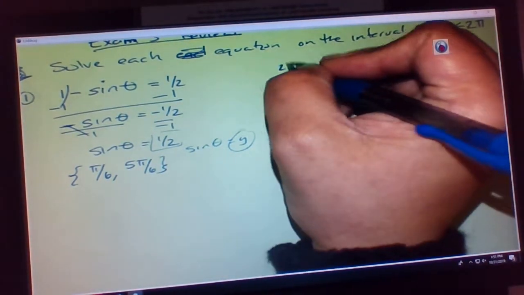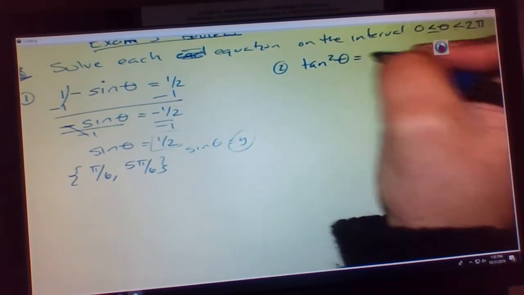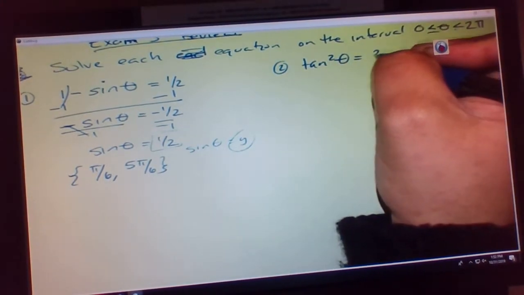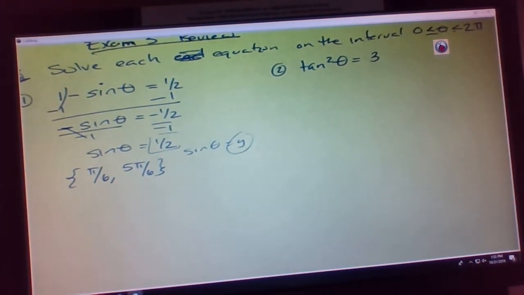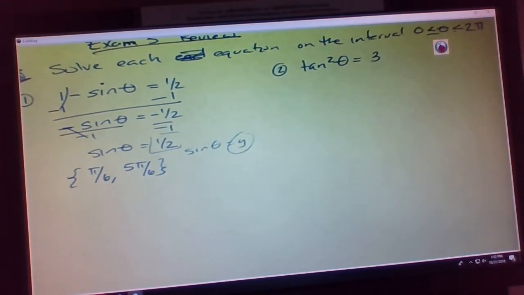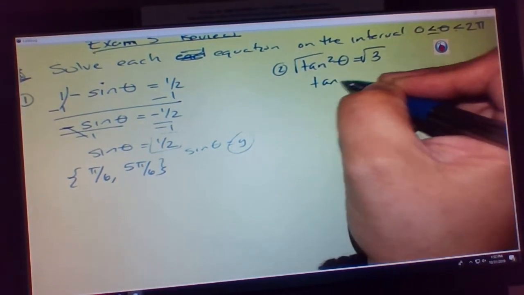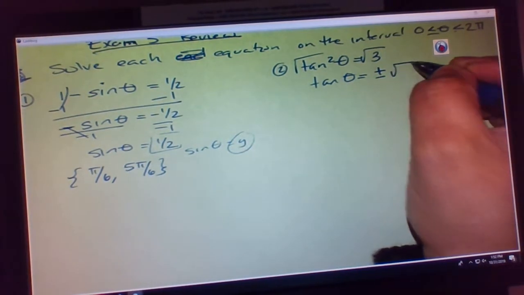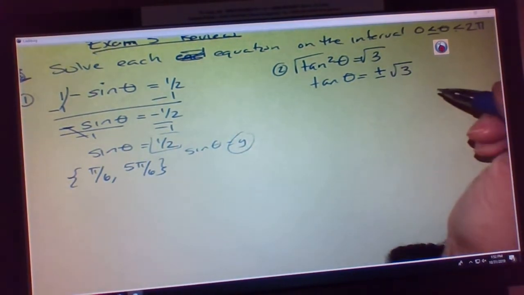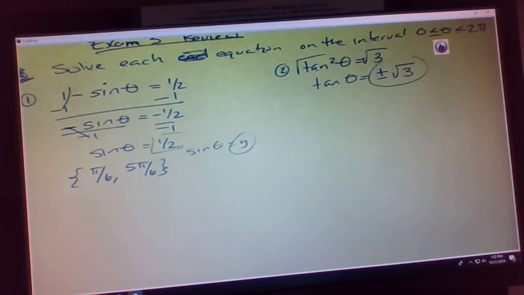Now for problem number 2, you got tangent squared equals 3. What do I do to solve for tangent? We take the square root, so I get the tangent is both positive and negative square root of 3. So I am looking to see when do I get a positive or negative square root of 3.